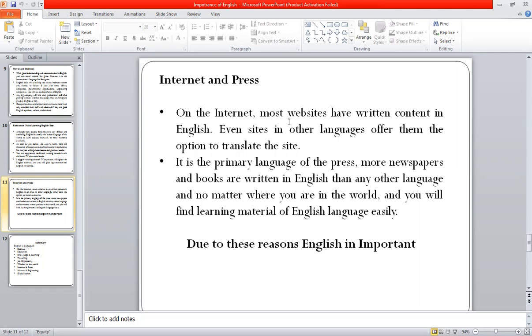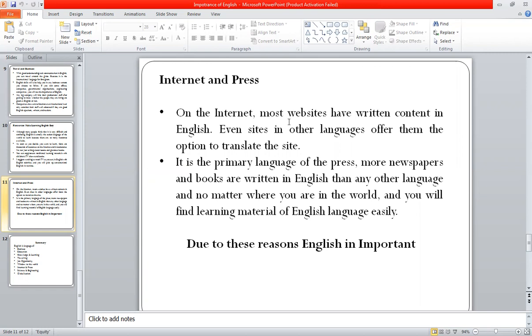So the internet is very important, and there are many websites where you can see they have used the English language and made their content in it. Whatever the content of their website, you will find it in English. So this is also the language of the internet. Even sites in other languages offer the option to translate the site.